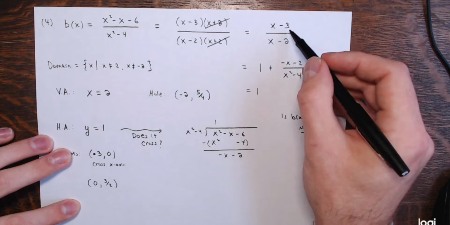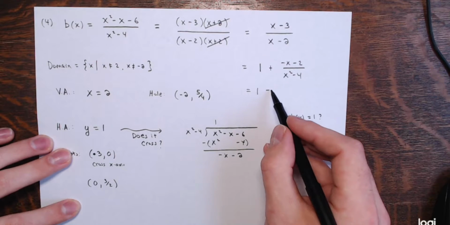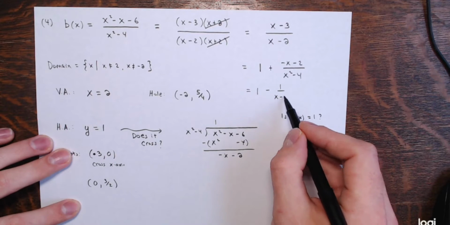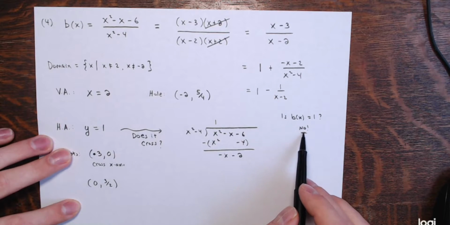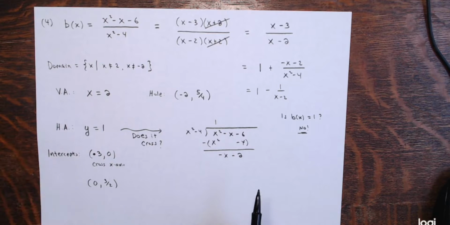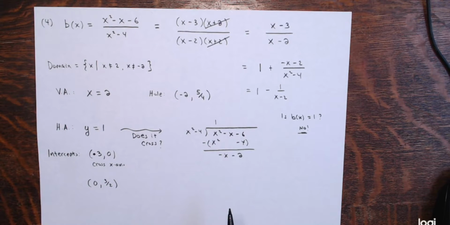Well, actually, say this is x minus 2 minus 1. Then minus 1 over x minus 2 if you simplify completely. And notice this term here will never be 0, so no. So we're fortunate here. The graph of this will not cross the horizontal asymptote.